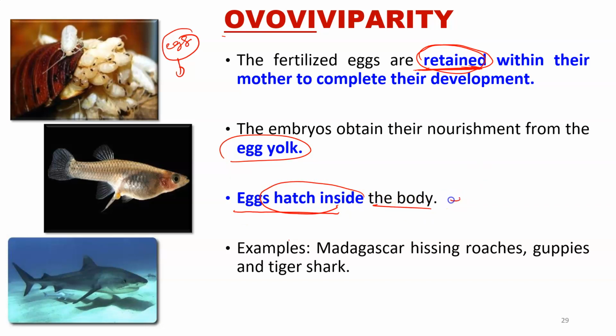This will look like a normal birth, but actually it is from eggs that hatch inside the mother's body, such as Madagascar hissing roaches, that big cockroach, guppies, and tiger shark. The baby comes out of the mother's belly, looking like a normal birth, but actually the eggs hatch inside the mother's body.